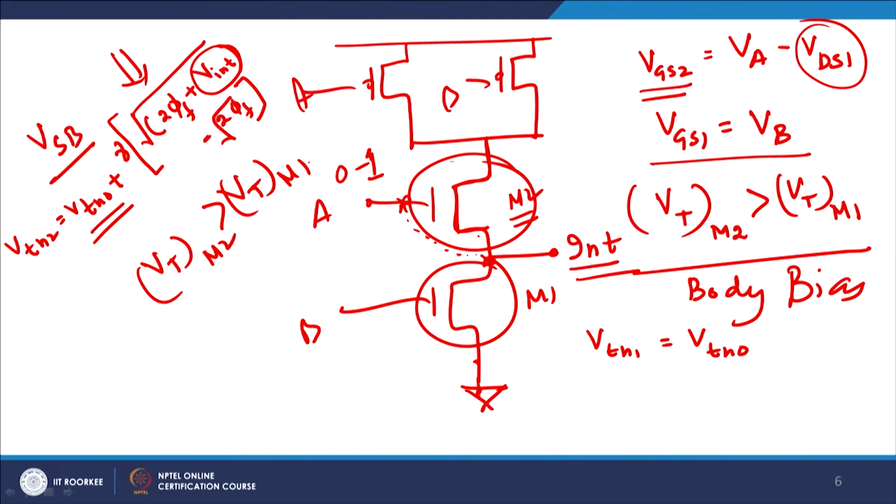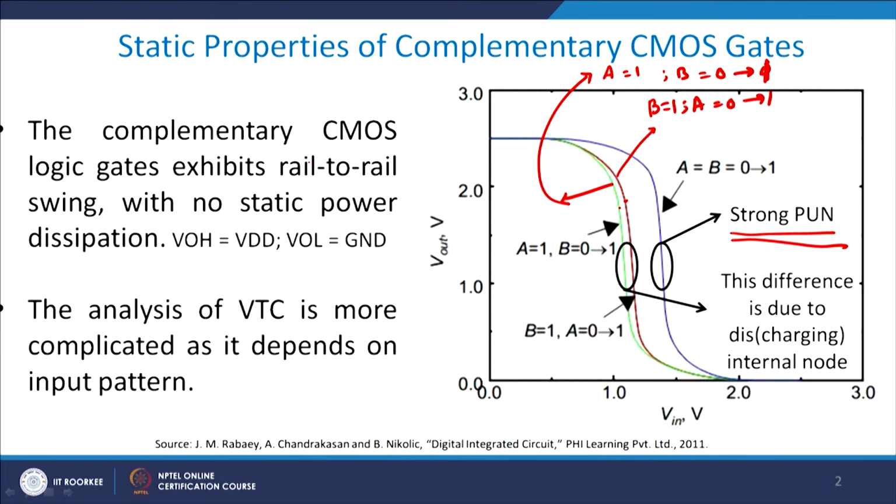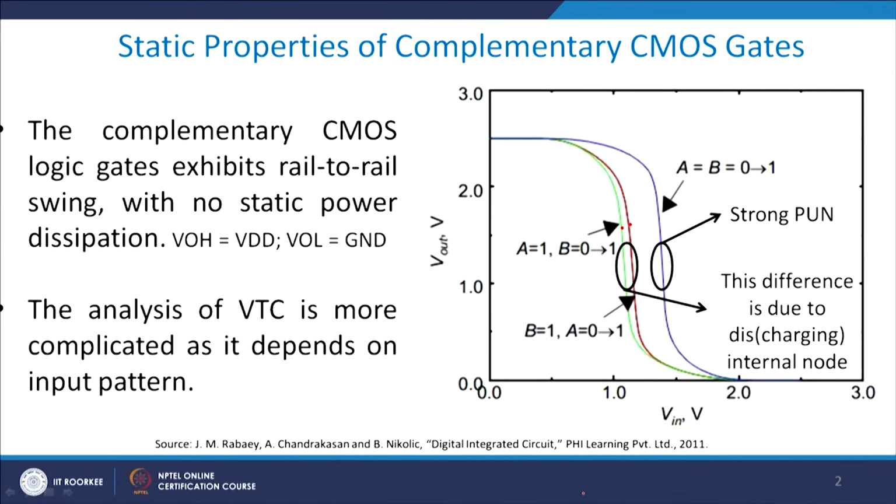When this is true, let us see how it influences the overall characteristics of the device or this circuit. As you can see here, as you move towards the left, you have a weaker and weaker pull up network. As you move towards the right on the graph, you have a stronger pull up network and therefore a weaker pull down network.